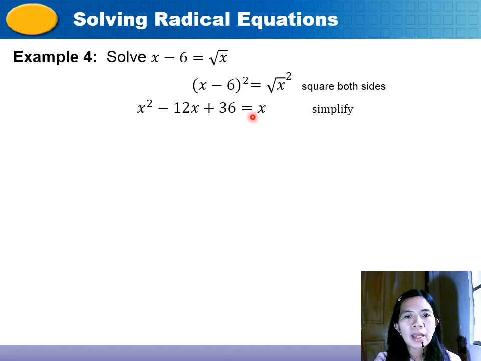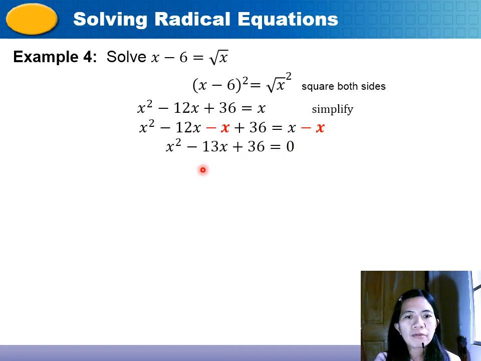Okay, then we are going to combine like terms. So we have x squared minus 12x minus x, because we get the additive inverse of positive x, plus 36. So this will become 0. So we have x squared minus 13x plus 36 equals 0. Now, from this quadratic equation, we will get the factors.